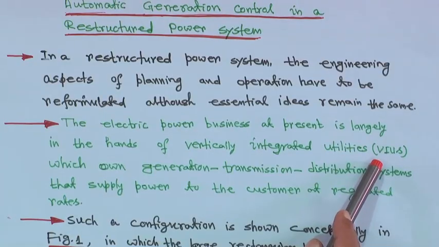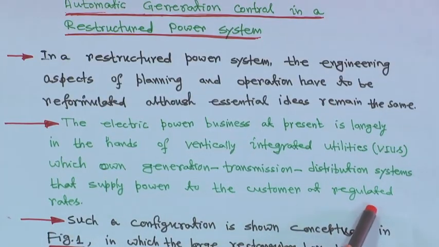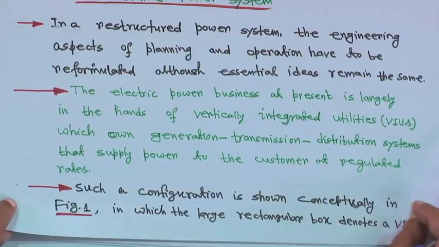Vertically integrated utilities means you have generation, transmission, distribution, everything together. You are the owner of everything. That is what we call vertically integrated utilities, which own generation, transmission and distribution and supply power to the customer at regulated rates, right.